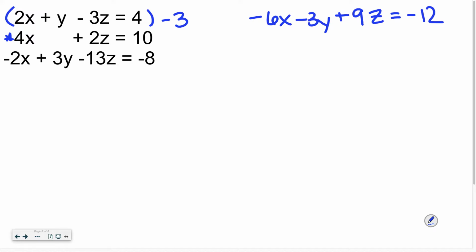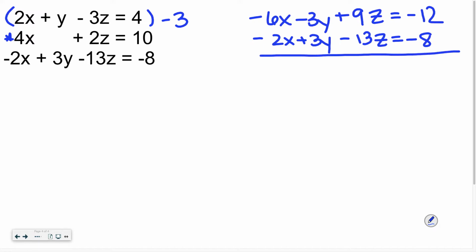And combine it with our third equation. Okay. We get -8x minus 4z equals -20.